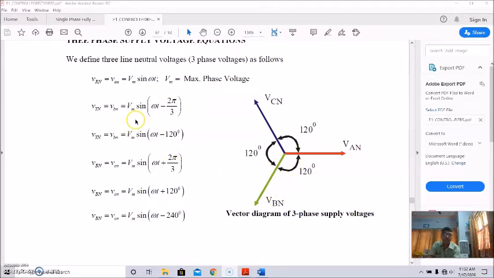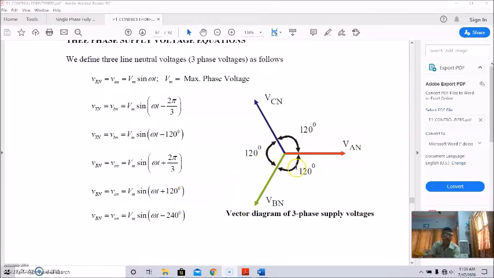So we can write Vm sine omega t minus 2 pi by 3, that is equal to Vm sine omega t minus 120 degrees. And VCN will be equal to Vm sine omega t plus 2 pi by 3, that means Vm sine omega t plus 120 degrees.